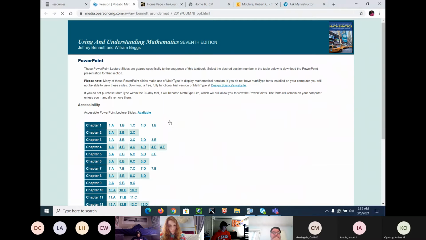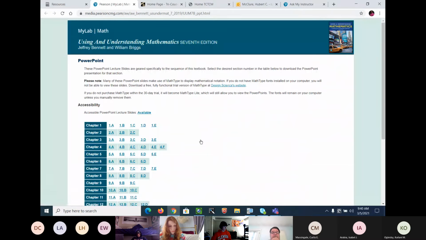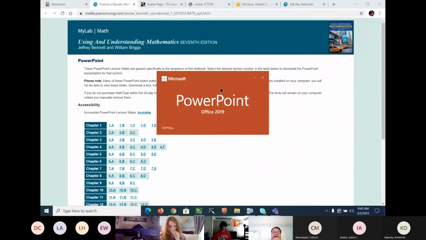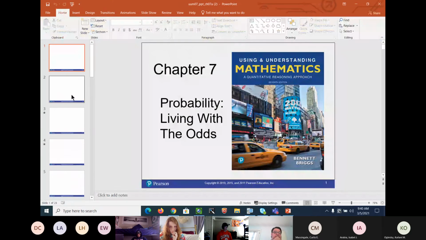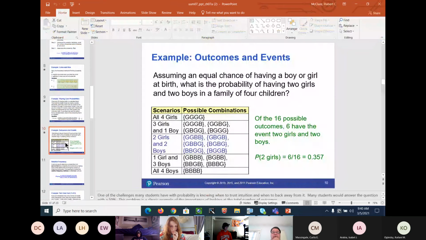What chapter are we in? 7A? There we go. That's the only place I've seen it. I think there's one on Google, but I didn't see it when I looked at it a while ago. Let me find it. There it is.